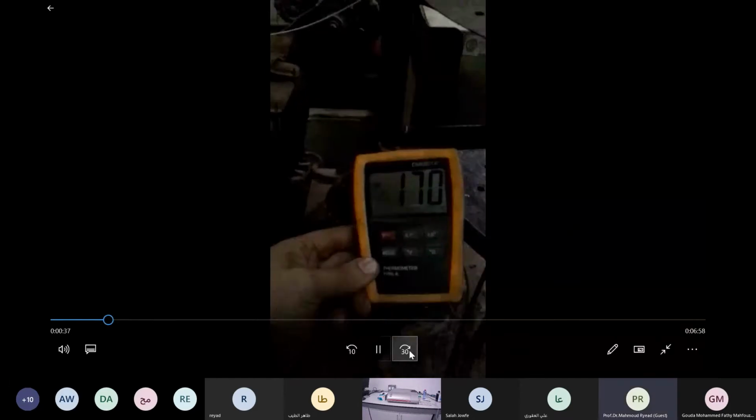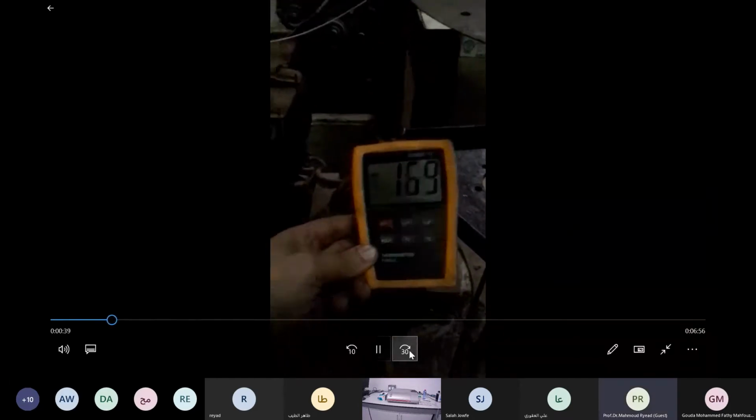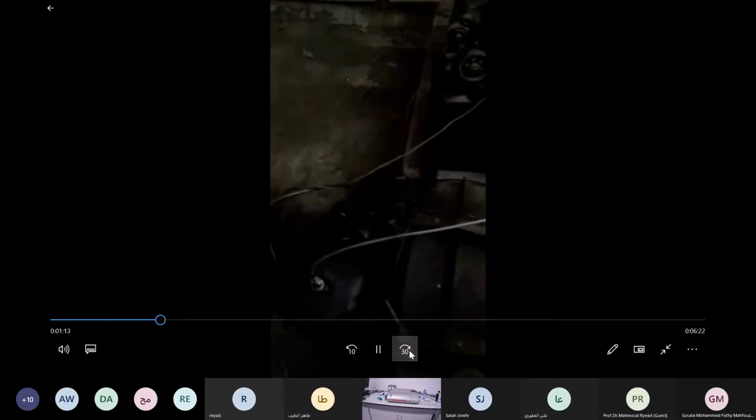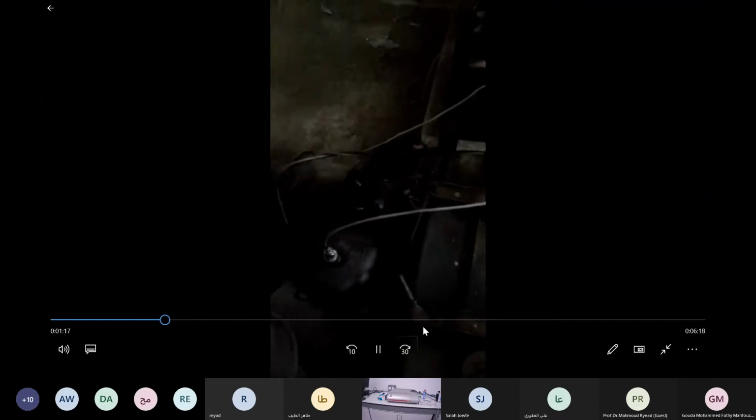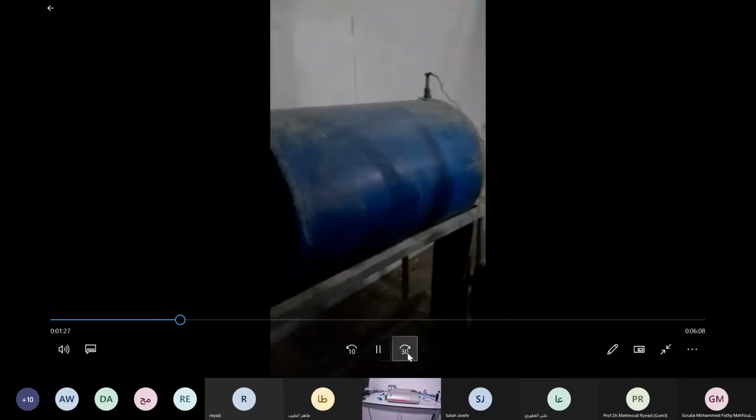This is the first engine load of 1 kilowatt, and this is the emission test.